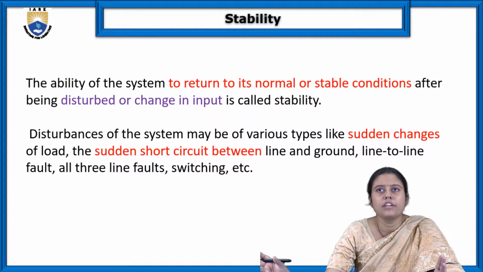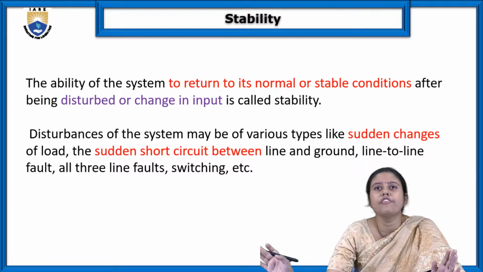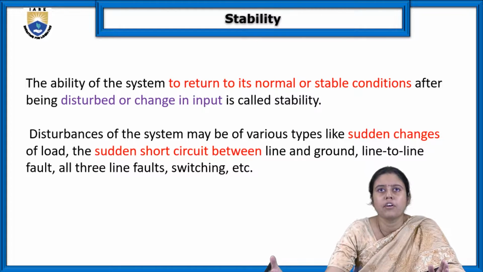So this stop condition is a stable condition. Or say we want to run a fan or a motor at 1500 RPM speed. What will happen? Slowly it will increase its speed and ultimately it will reach 1500 RPM. So that is our stable condition.